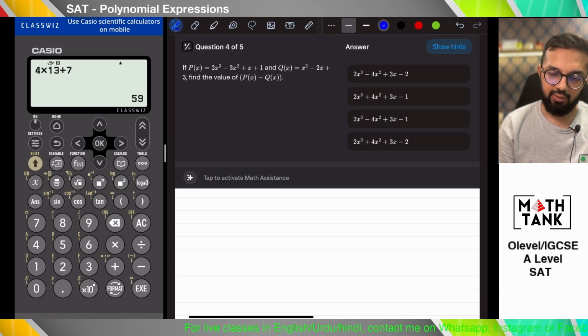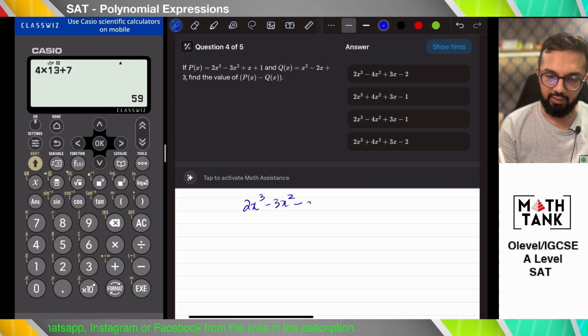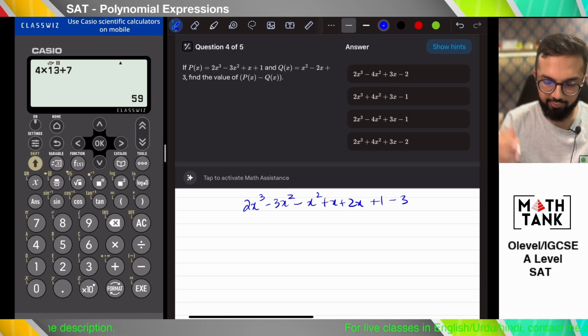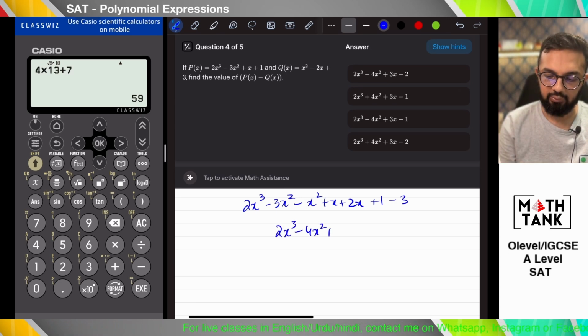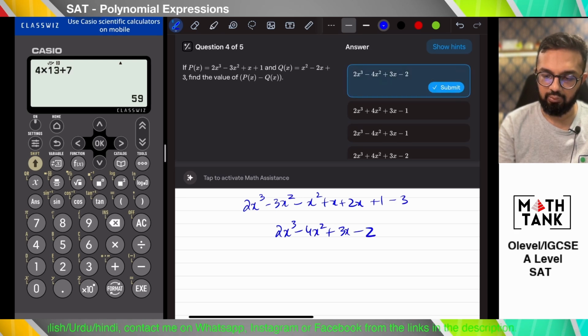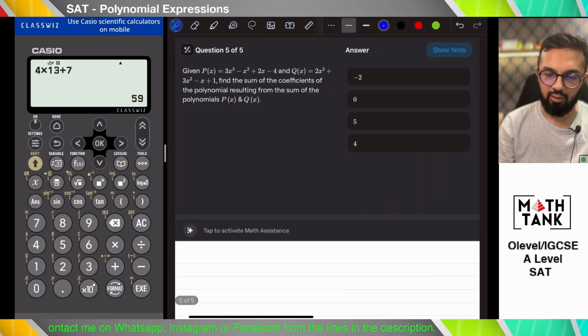If P(x) and Q(x) are this, find the value of P(x) minus Q(x). So 2x cubed minus 3x squared minus x squared plus x plus 2x plus 1 minus 3. Okay, that should be the correct answer.